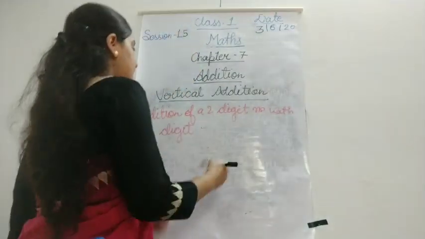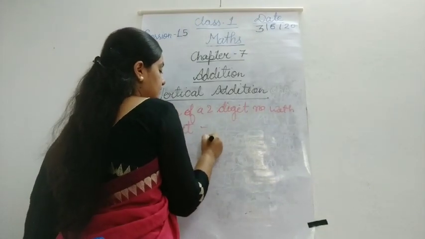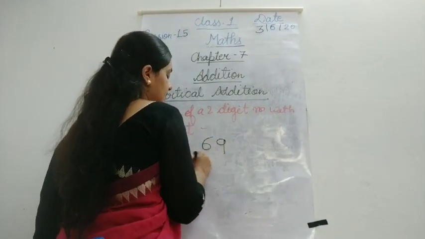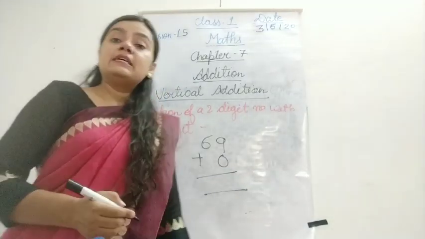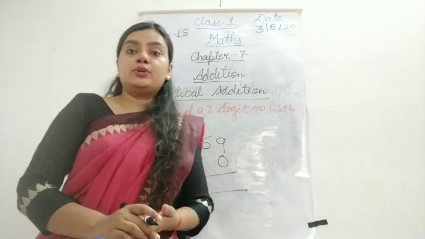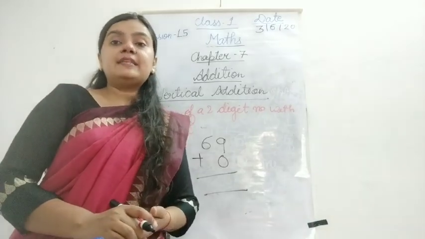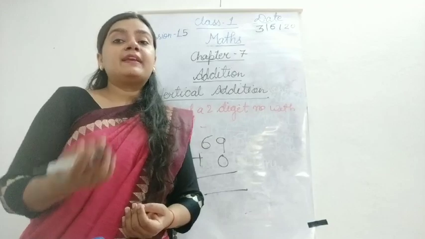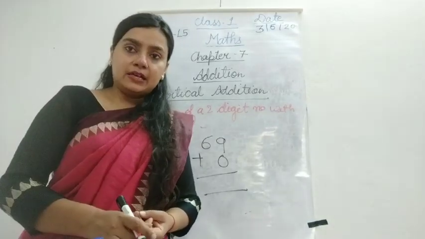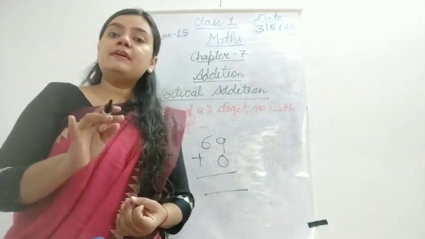Suppose the next question is 69 plus 0. As I already told you in the previous session, if we add 0 with any number, we get the same number back.